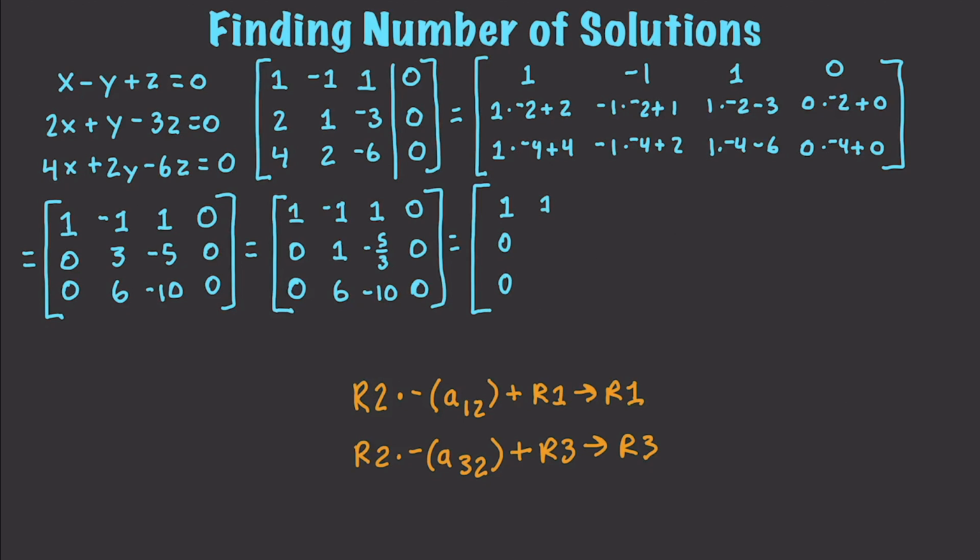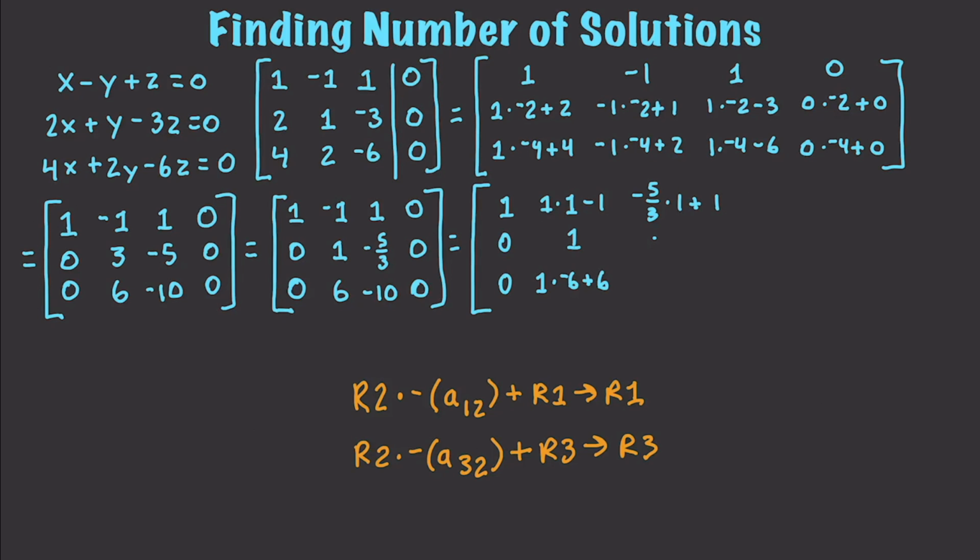This next one's going to be 1 times 1 minus 1. And then this will remain 1. And this one down here is going to be 1 times negative 6 plus 6. Negative 5 over 3 times 1 plus 1.